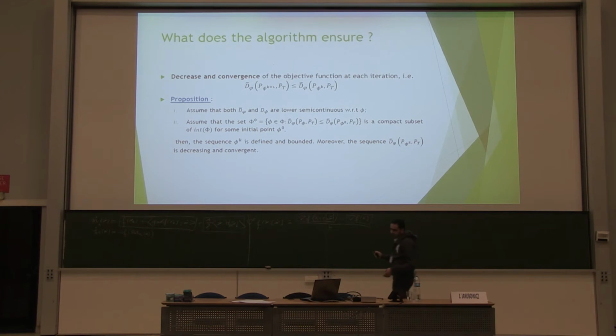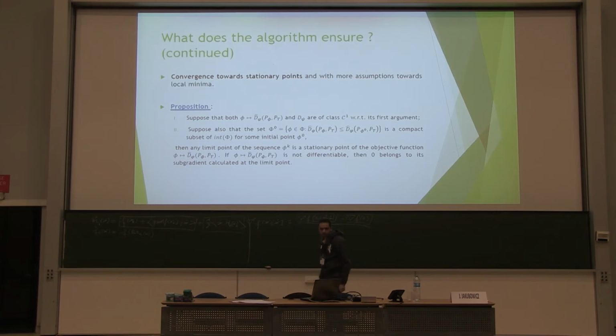With these assumptions, I get the interesting property that the phi divergence decreases over the sequence of points phi k. The second property is the convergence towards stationary points of the objective function, which is the estimated phi divergence.